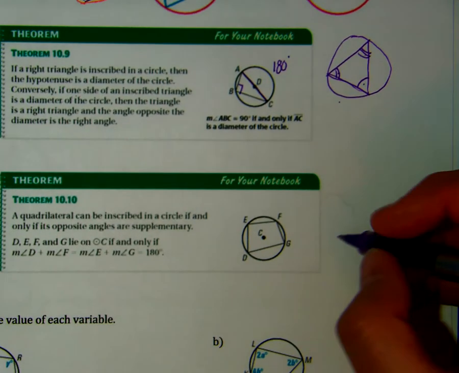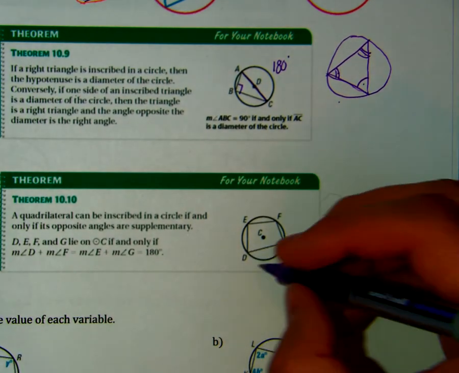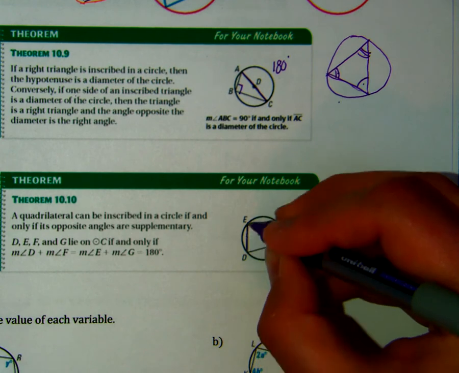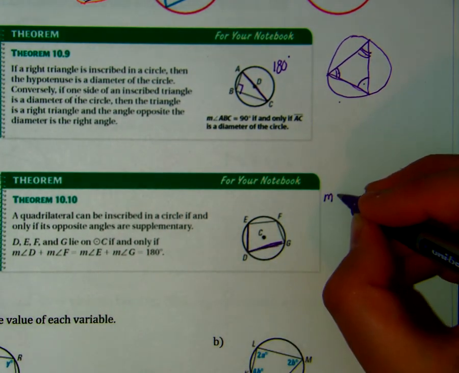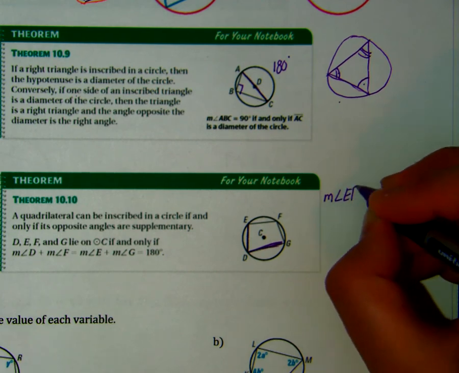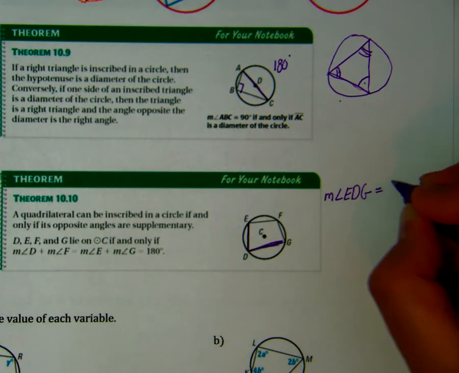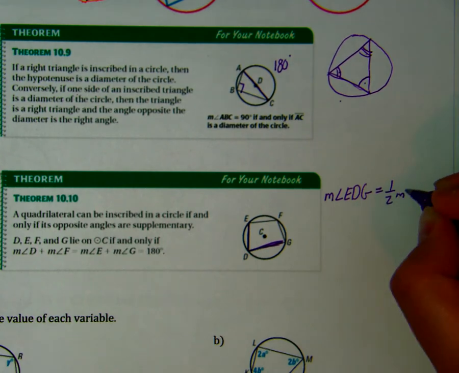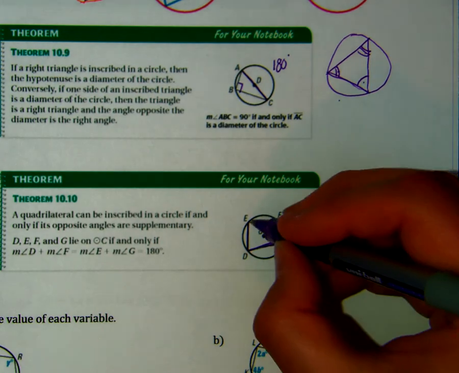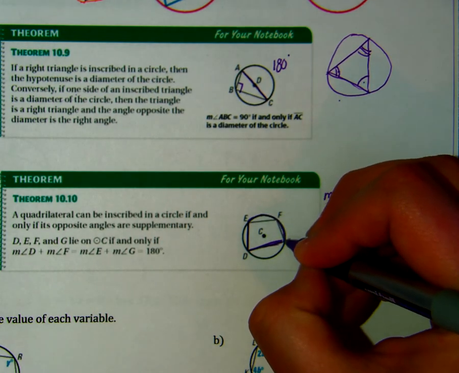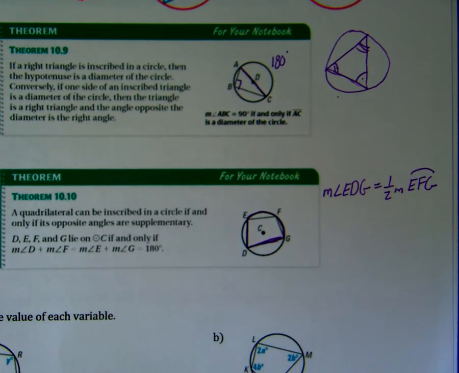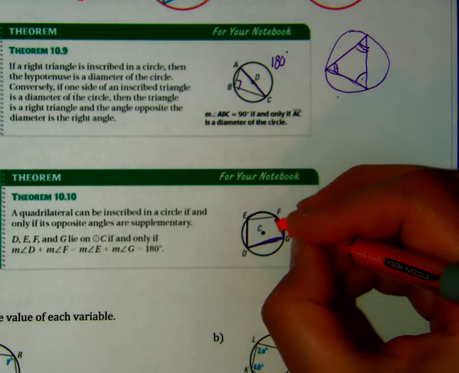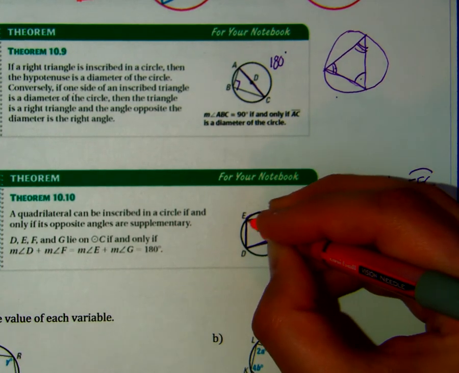And so the reason for that, if we look at just, say, two of them, if I look at angle D, the measure of angle EDG is half the measure of arc EFG, right? So you have this arc, EFG, being cut out by D. The angle opposite D in this case is angle F. I'll just make this argument once, but it's the same argument with the other pair.